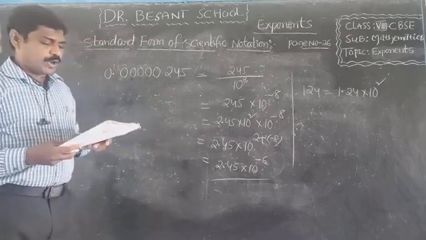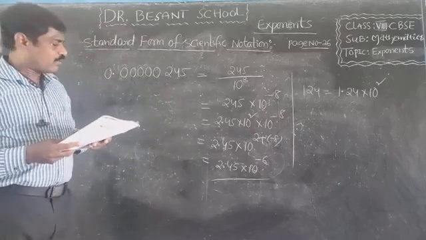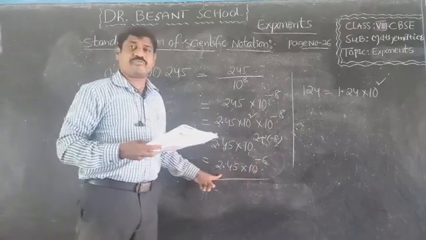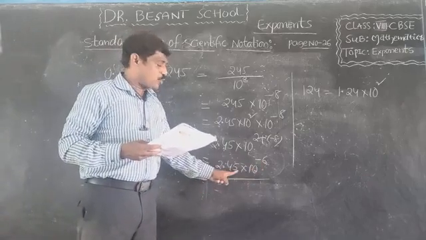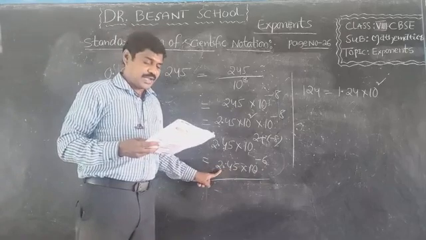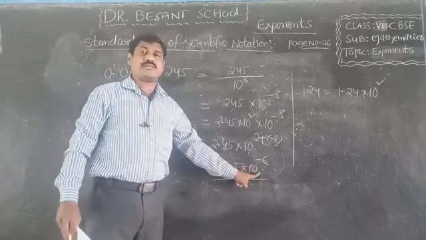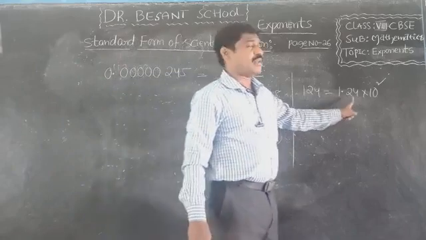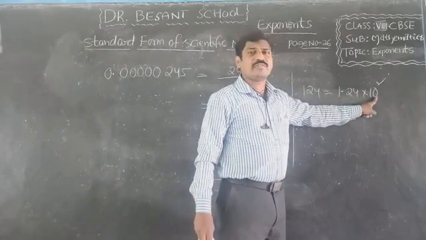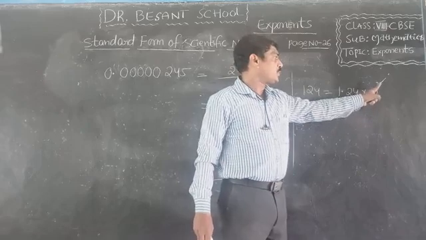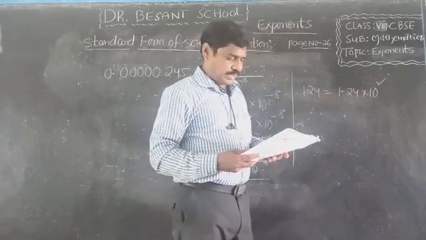Here 2.45 is the decimal number, and 1.24 is the decimal, and this is the exponent of 10.